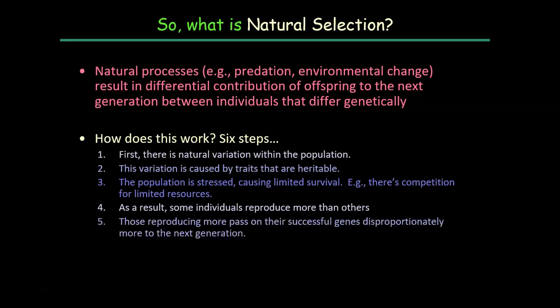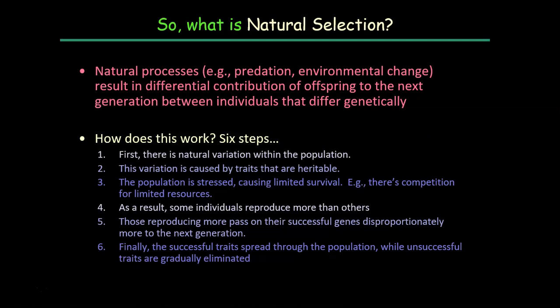Consequently, those that are reproducing more pass on their genes more than those that are reproducing less. So they have a disproportionate impact on the next generation's genes. Okay, that's step 5. And then finally, the successful traits spread through the population, while unsuccessful traits are gradually eliminated.